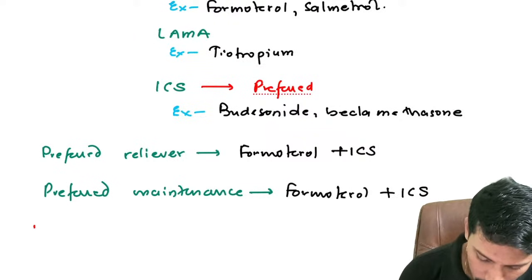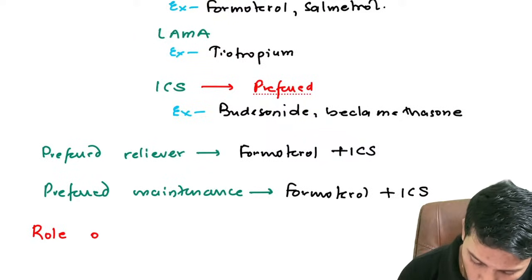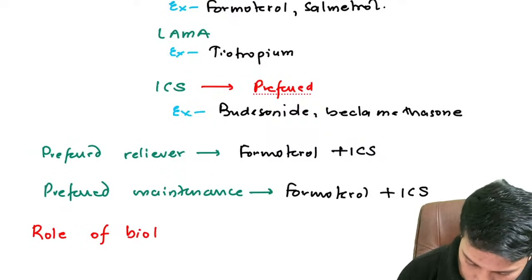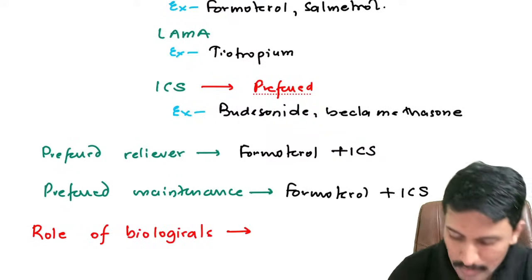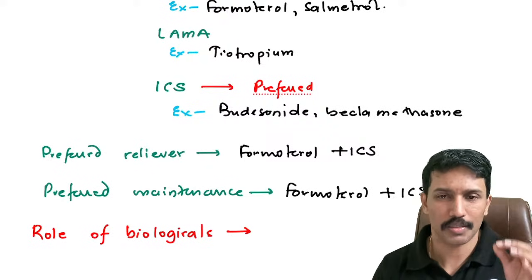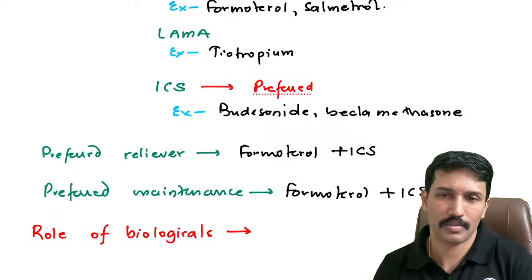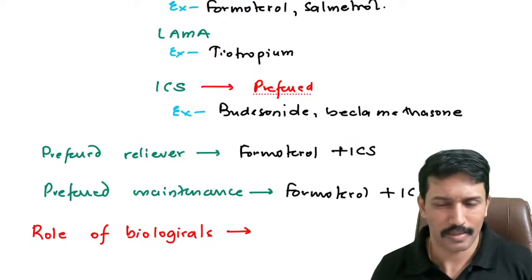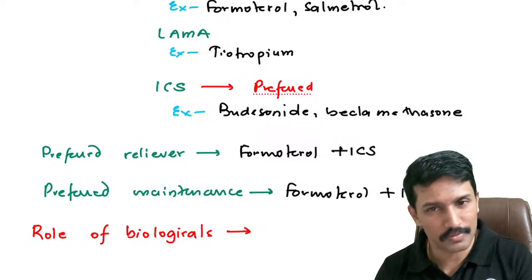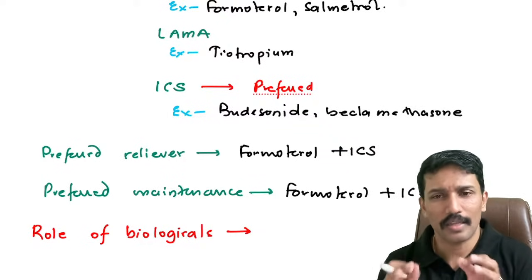But then the question may ask about the role of biologicals. So in a prof exam, you don't have to write an elaborate discussion on when we introduce biologicals, the steps of GINA guidelines. All of that is not required. You will not have that much time to write either, so keep it crisp.